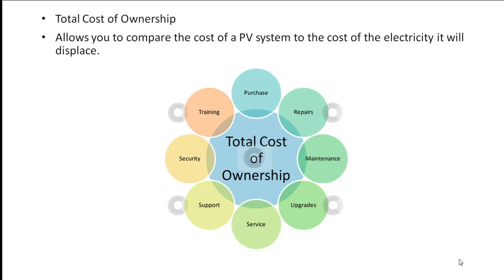Total cost of ownership. This method, referred to as the total cost of ownership, allows you to compare the cost of a PV system to the total cost of electricity it will displace. Unlike the previous economic tools, this one takes into account numerous economic parameters, including initial costs, financial incentives, maintenance costs, rising costs of grid power, and another key element, the time value of money.